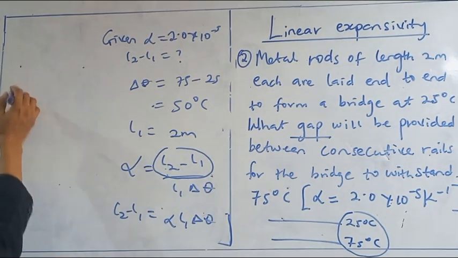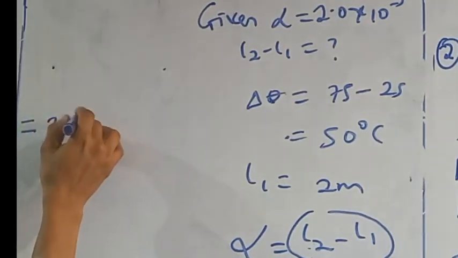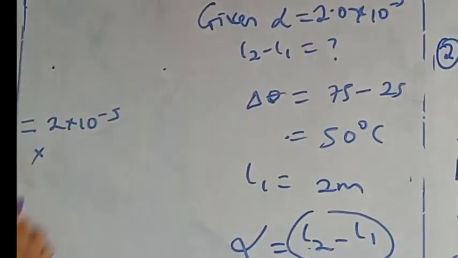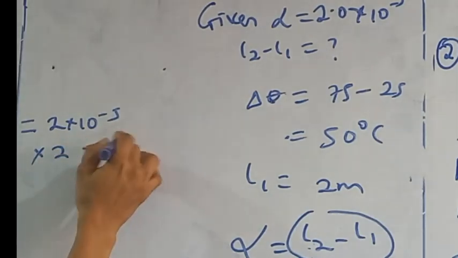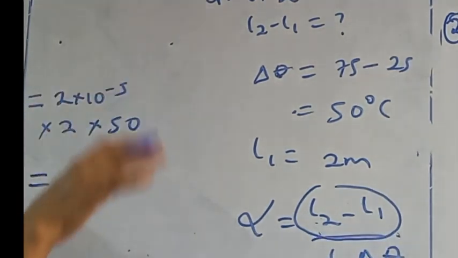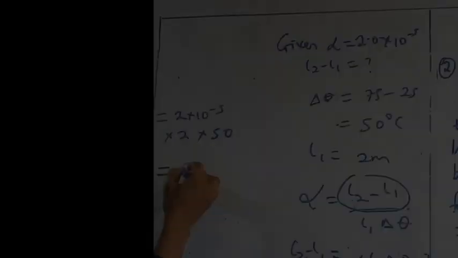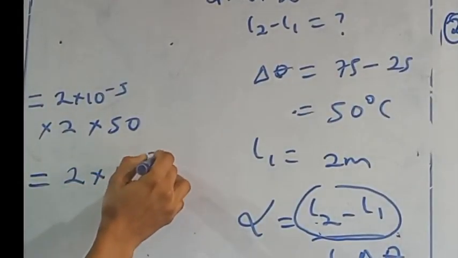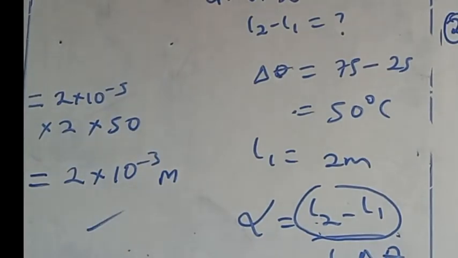So we are just multiplying everything. Alpha is 2 times 10 raised to power minus 5, times L1, which is 2, times the change in temperature, which is 50. Multiplying everything together, we have 2 times 10 raised to power minus 3 meters as the final answer.